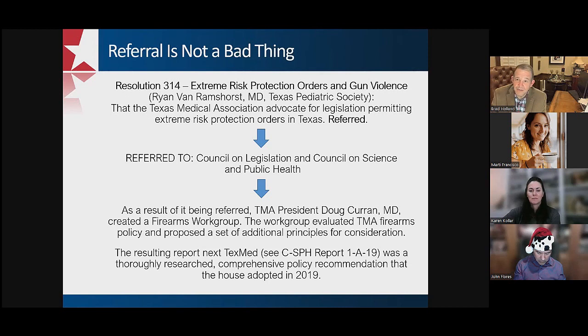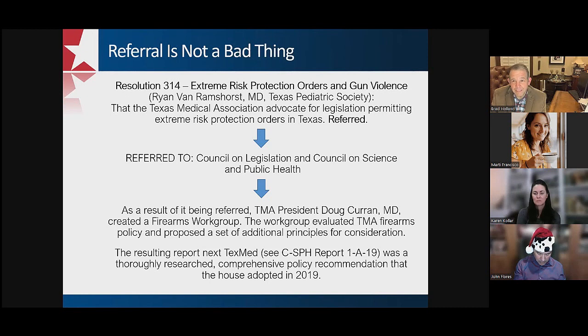As a result of that resolution, a work group was formed by our then TMA President, Doug Curran. And really a very large portion of TMA went to work on this issue by way of referral to form the TMA Firearms Work Group. That work group had a very comprehensive and, I think, well-respected result, no matter what political persuasion you are.